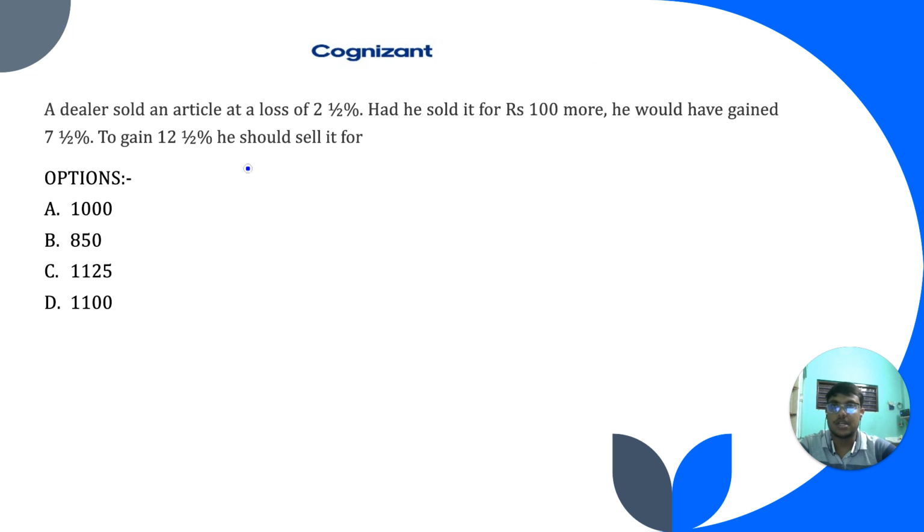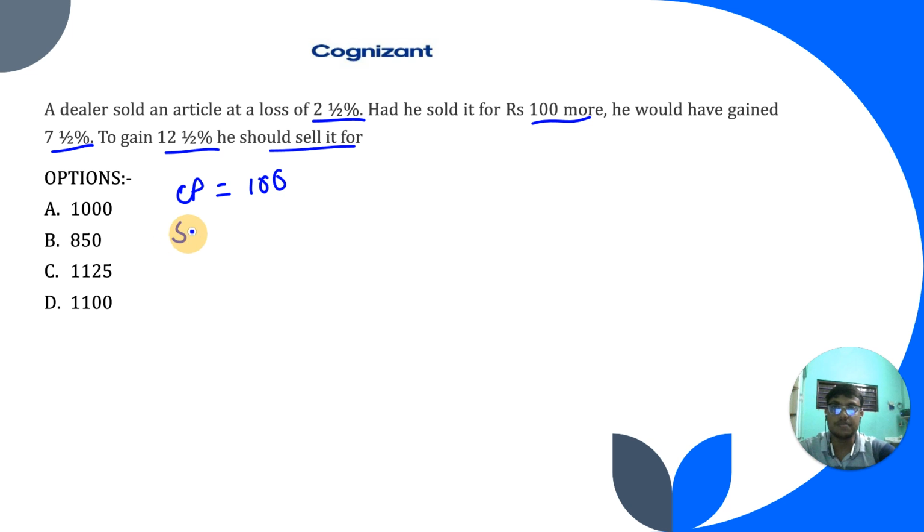So this is a question from the profit and loss section. A dealer sold an article at a loss of 2.5%. Had he sold it for rupees 100 more, he would have gained 7.5%. To gain 12.5%, he should sell it for? So the final selling price they are asking us. So let's say the cost price is 100.